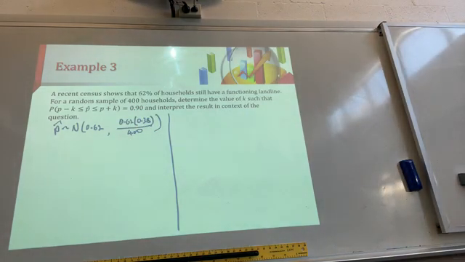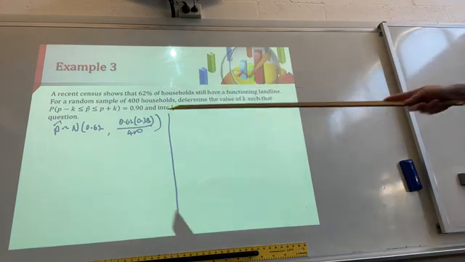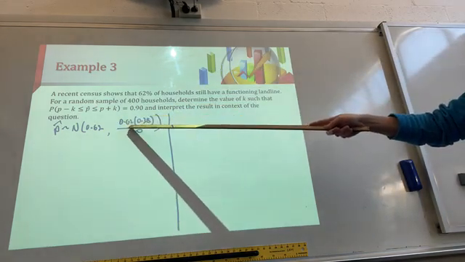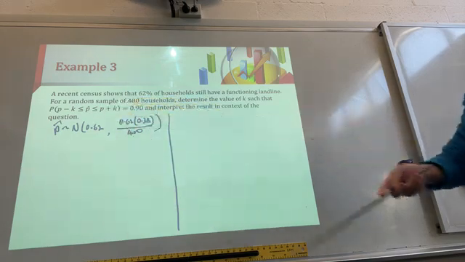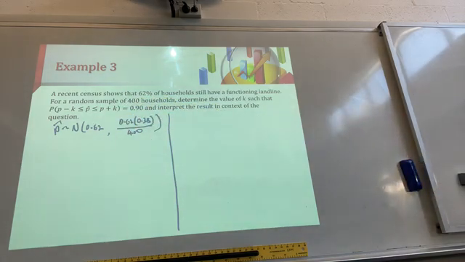We need to think about how we could derive p hat. You know p, so you can work out p times (1 minus p) divided by n, for this random sample of 400 households.